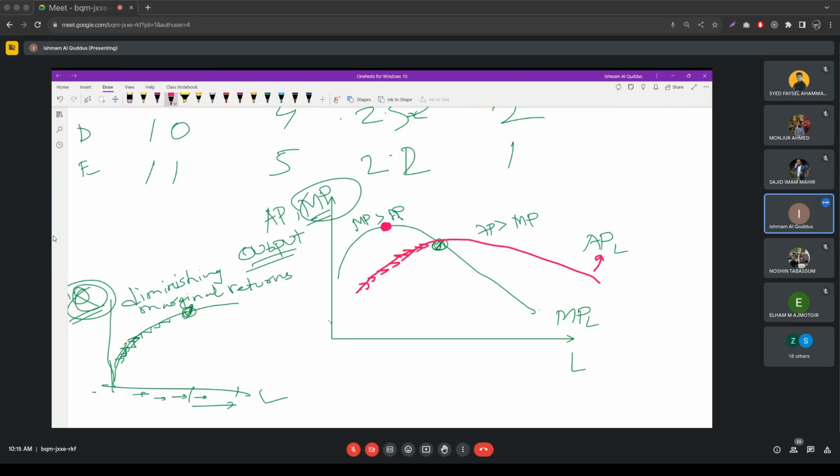The average product increases. The moment MP is less than AP, in this part, the average product starts falling.